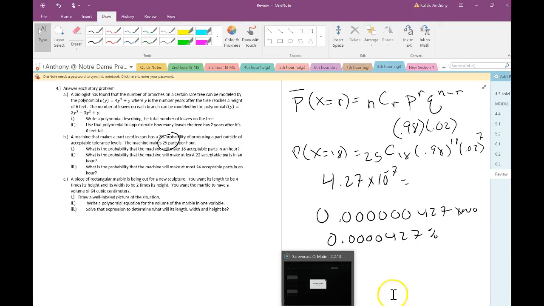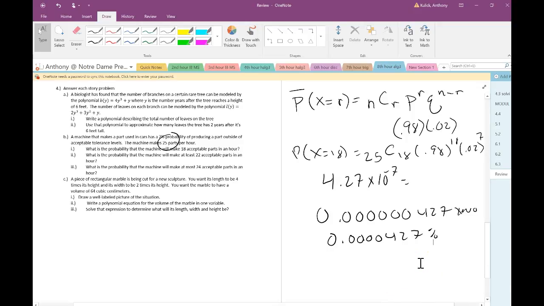The next question, we're asked making at least 22 parts. So P of x greater than or equal to 22. So to do that, that's going to be the probability of at least 22 is the probability that x is 22 plus 23 plus 24 plus 25.